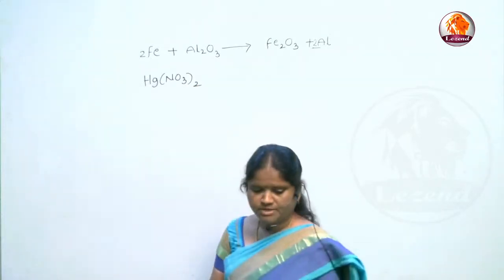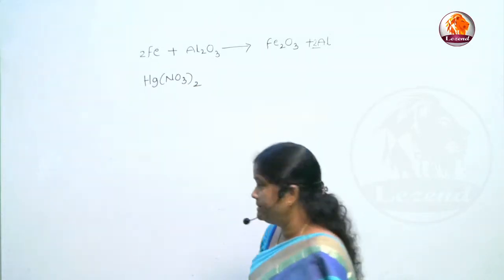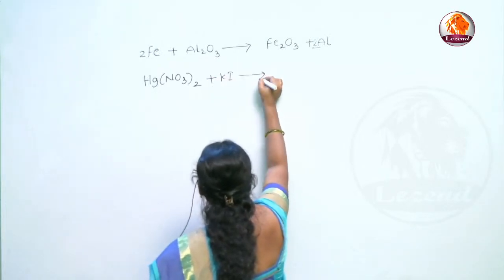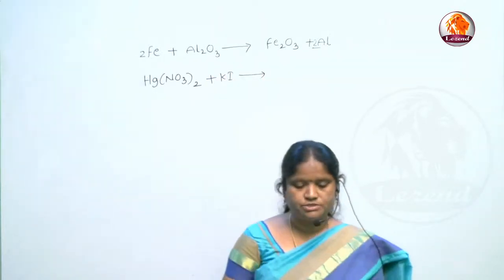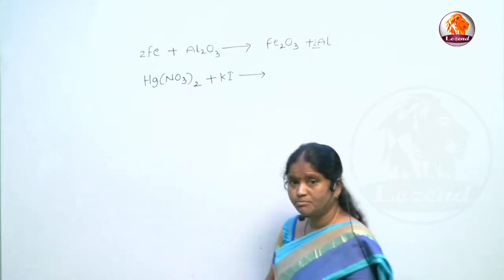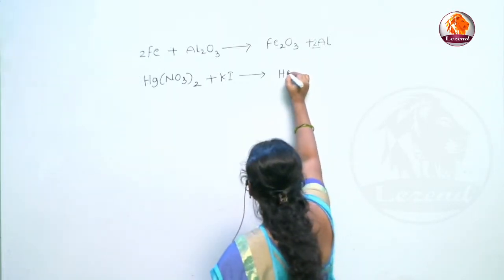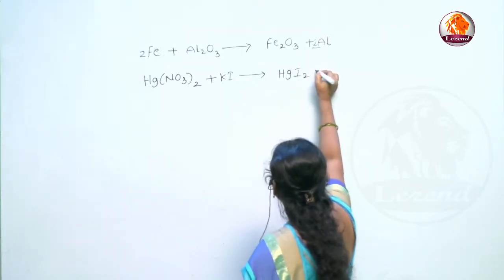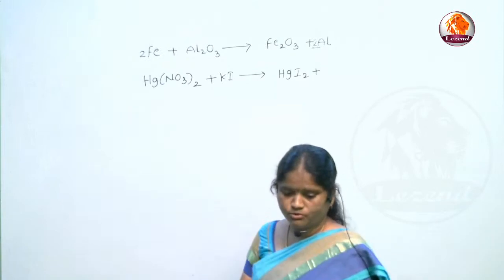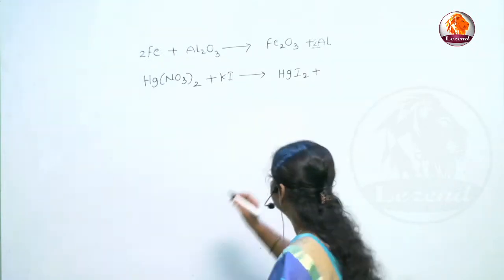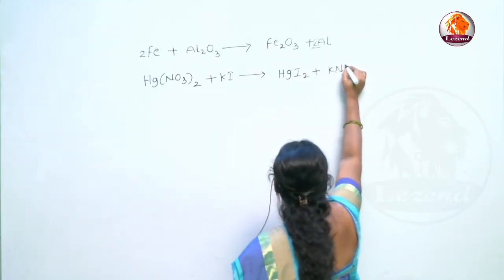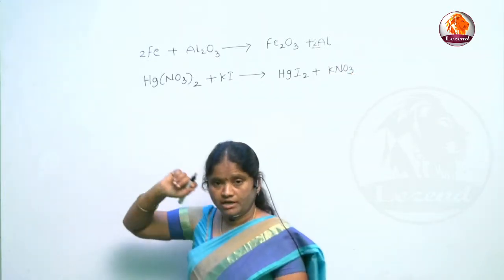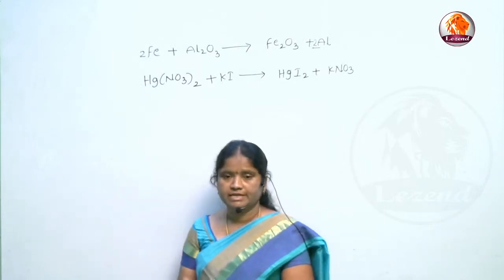Mercuric nitrate, its formula is HgNO3, plus potassium iodide gives rise to mercuric iodide, HgI2, plus potassium nitrate, KNO3. Okay, potassium nitrate. In this given chemical equation, mercuric nitrate and potassium iodide are the reactants.